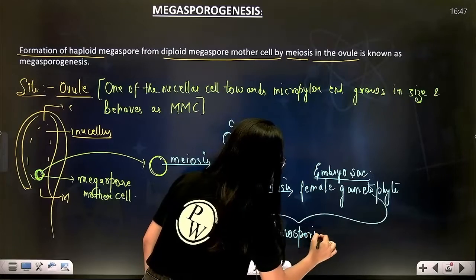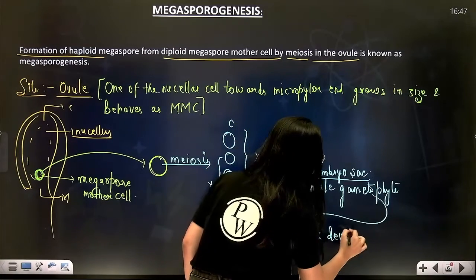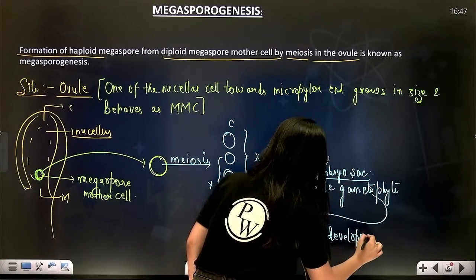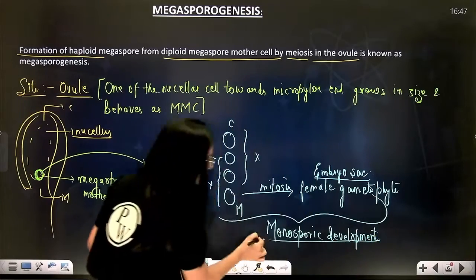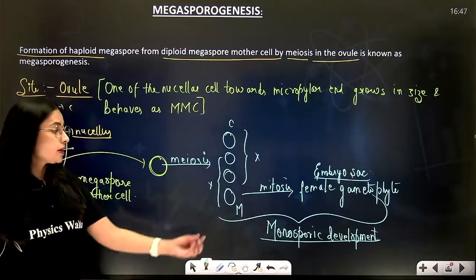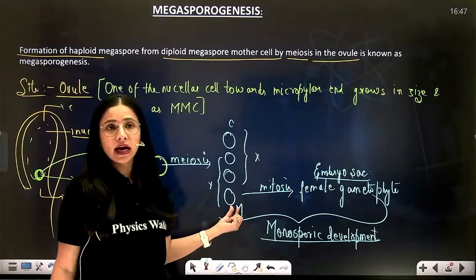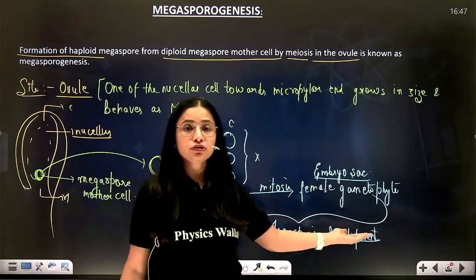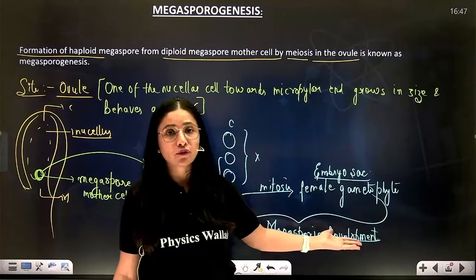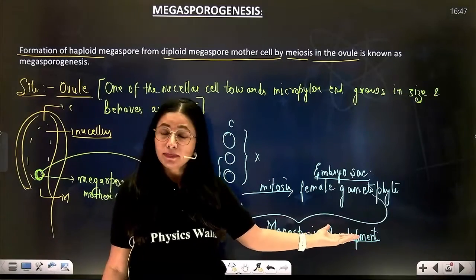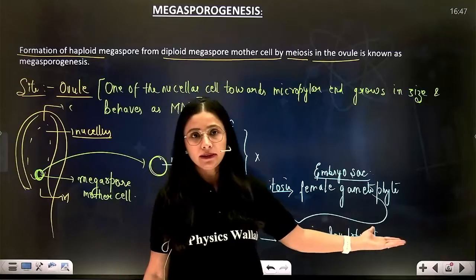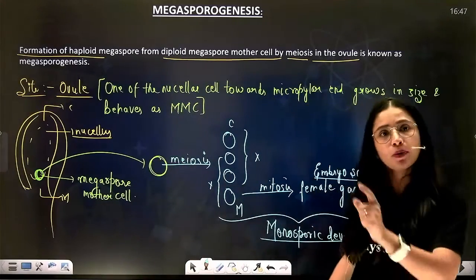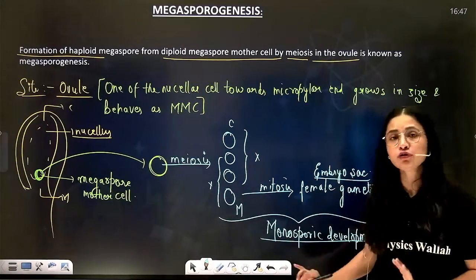This is monosporic development. Why? Because there is only one functional megaspore which is undergoing mitosis to produce the complete female gametophyte, the female gamete carrying body. So one functional megaspore, monosporic. This is the usual condition.